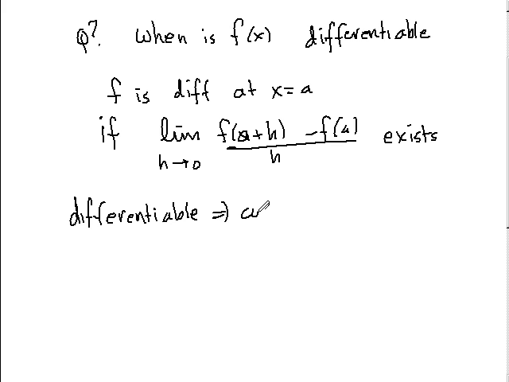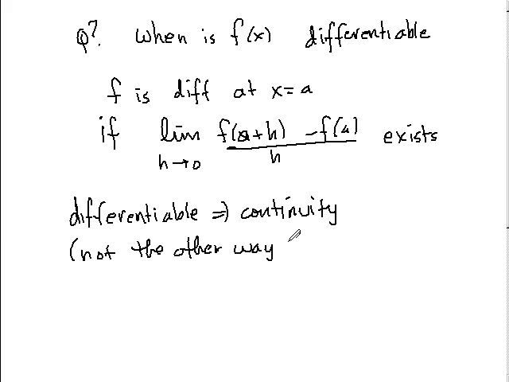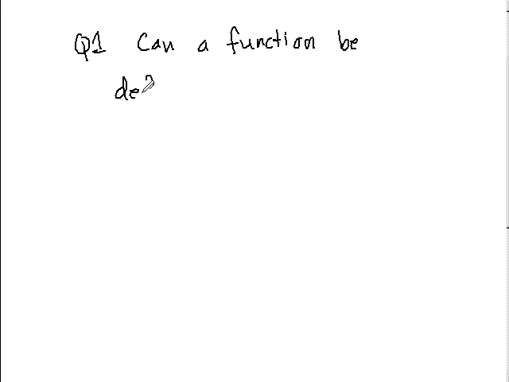Now, it's an interesting question, again one of these problems that was looked at very early. And that is, can you have a function which is continuous only at one point? So the first question, question 1: can a function be defined everywhere, but continuous nowhere?